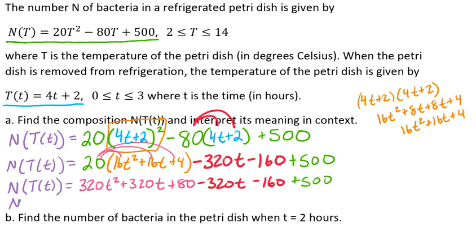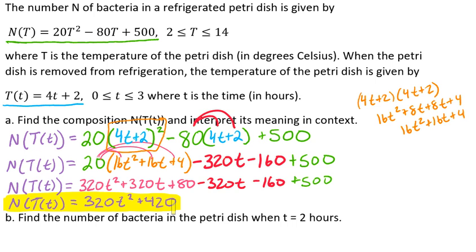We're going to simplify that by combining like terms, and we're going to have a final answer of 320t² + 420. Okay, so we've gone ahead and done the composite, so that's our function right there.